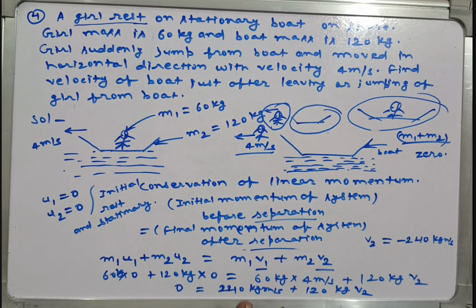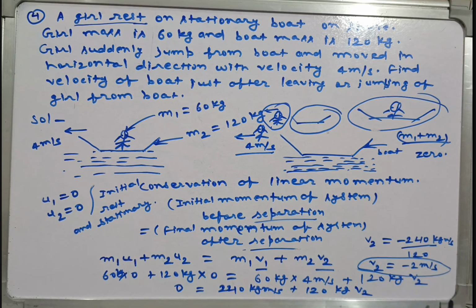This one goes right to left, so negative, and now divide by 120. So finally you will get 2 meter per second with a negative sign.